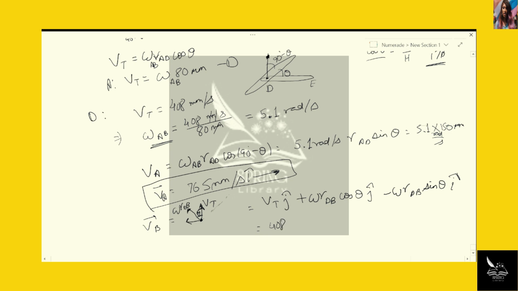Okay, so Vt we already know. Vt is 408 millimeters per second from here. And then omega AB is 5.1 radians per second. Before putting all these numbers in, let's figure out r dB.